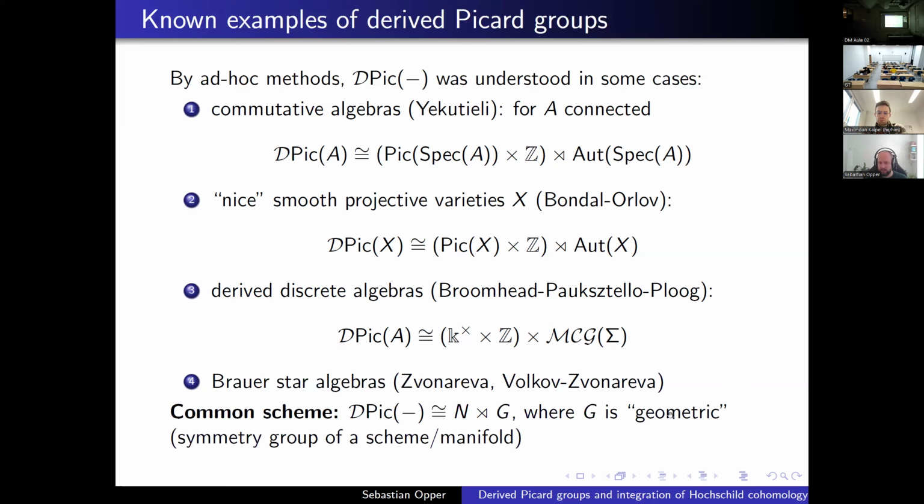And G is more geometric in a sense, the symmetry group of some object like a scheme or manifold. So these examples here. And this is also true in the fourth case, Brauer star algebras. The G there will be like a braid group, which you can view as an automorphism group of a punctured surface, for example.